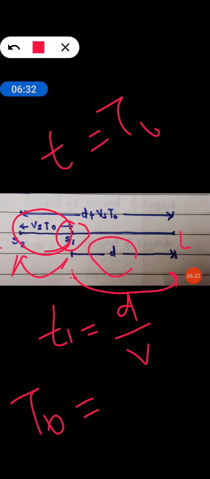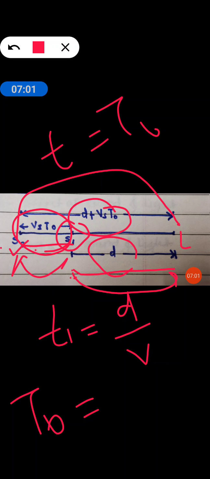After moving this distance, it arrives at point S2. Okay, the distance of S2 from the listener is equal to d plus Vs T0, because this distance is d and this is Vs T0. d plus Vs T0 is the distance between S2 and the listener.